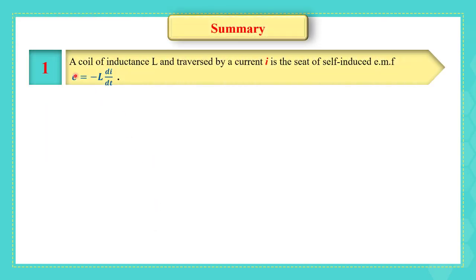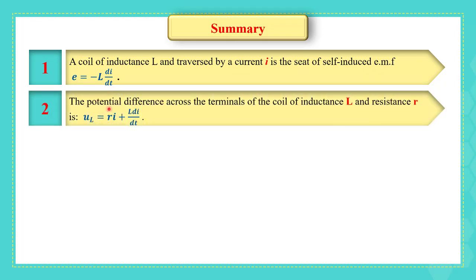Now, as a summary from the previous video, a coil of inductance L and traversed by a current I is the seat of a self-induced EMF e equal to minus L di over dt. The potential difference across the terminals of a coil of inductance L and resistance R is U coil equal to Ri plus L di over dt.